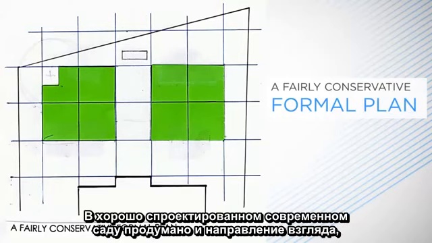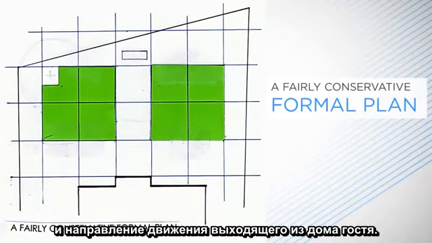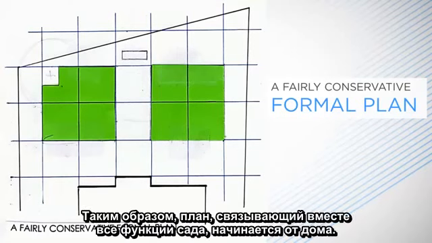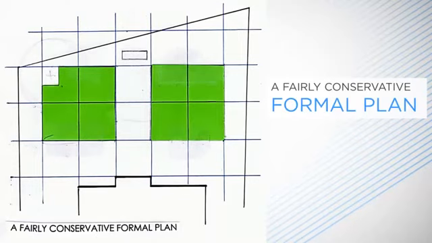A well-designed modern garden is one in which you can control the direction which the eye takes, and which then leads the user when leaving the house. So the plan evolves from the house in which you try to link the functions of the garden together.